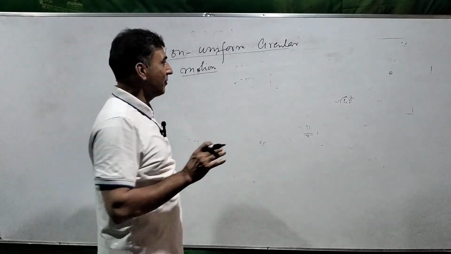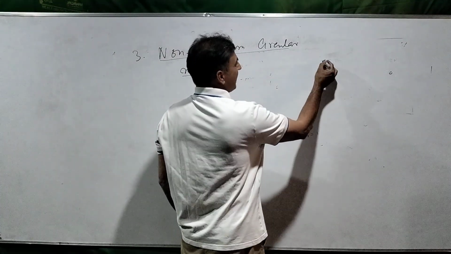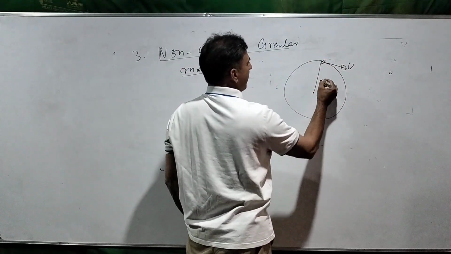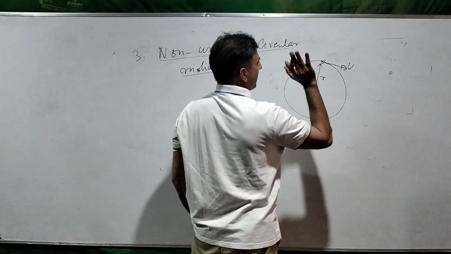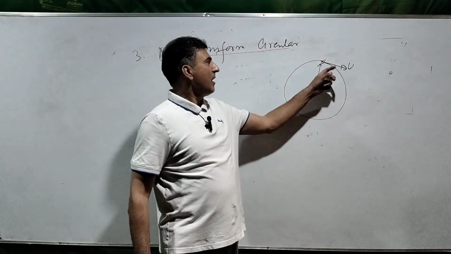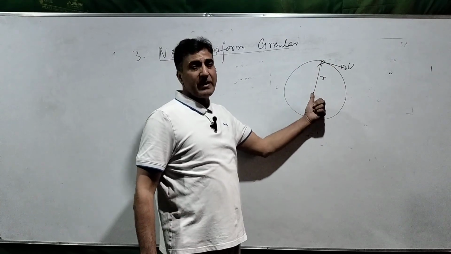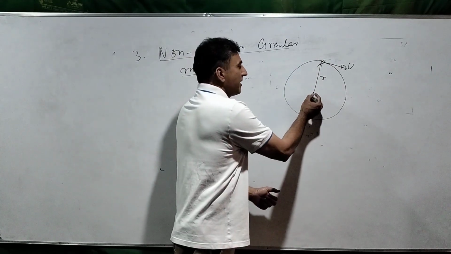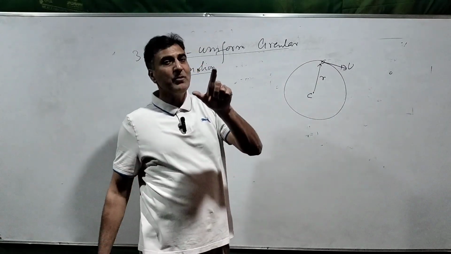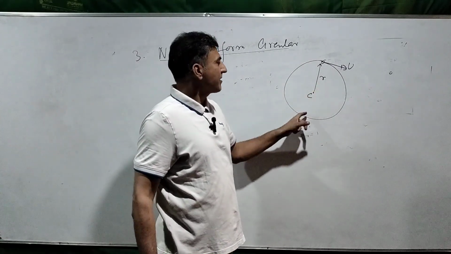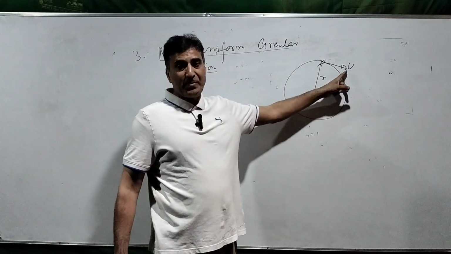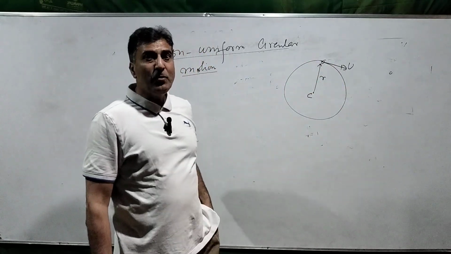Have a look, see it properly. A particle moves in a circle, this is the speed and this is the radius of the circle. If I ask you that it moves with a constant speed, you would say it accelerates towards the center, and that acceleration magnitude is constant, but the acceleration direction changes all the time. It's always towards the center. If it is a constant speed, that is uniform circular motion.